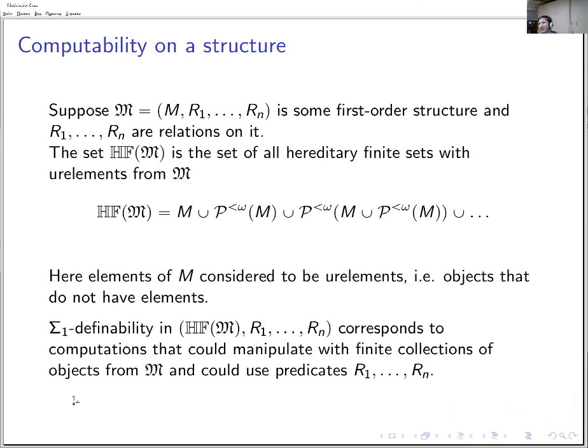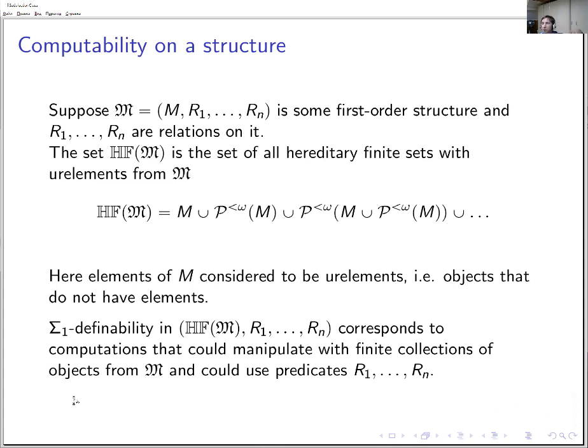It's a bit different setting of set theory, where we have two distinct kinds of objects: sets and urelements. The idea is that urelements could be elements of sets, but they are not sets themselves. They don't have any elements themselves, but they could be elements of other sets.